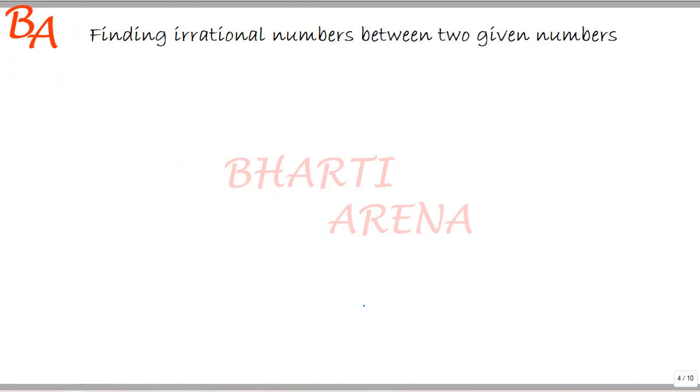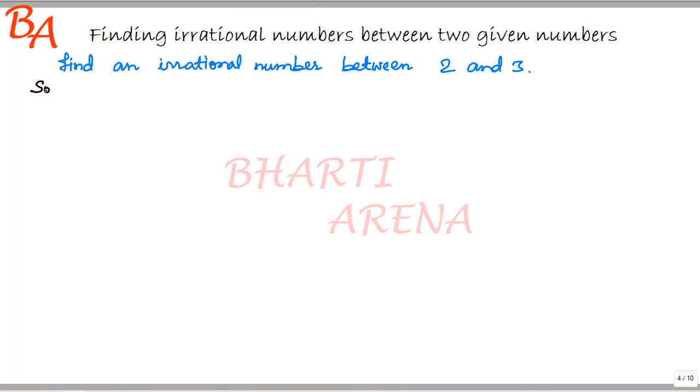Now we will learn finding irrational numbers between two given numbers. Understand it by taking an example. Here we are taking a problem: find an irrational number between 2 and 3. Its solution would go like this.